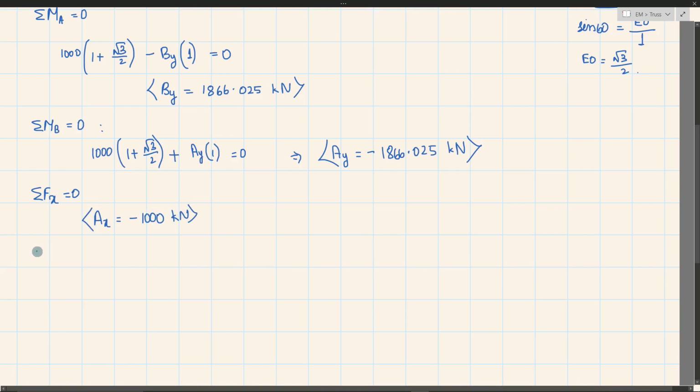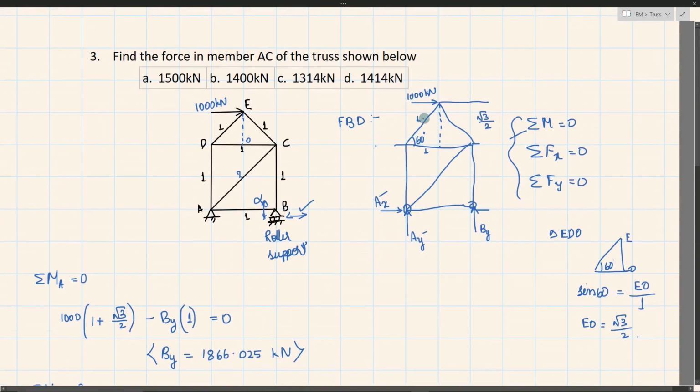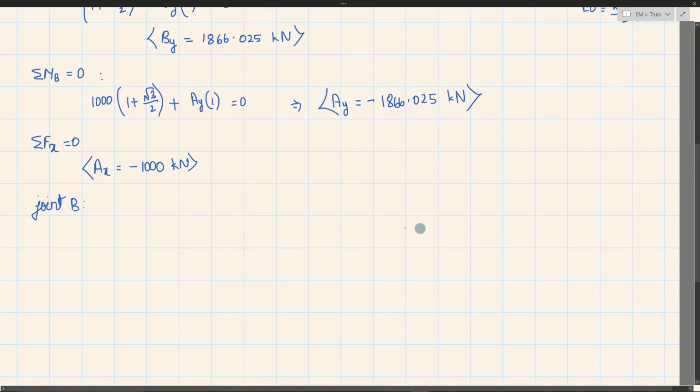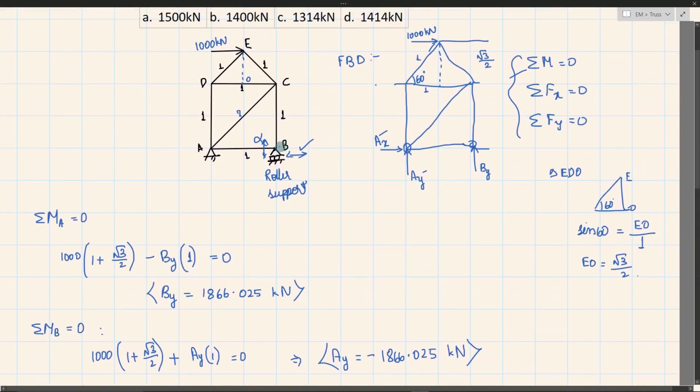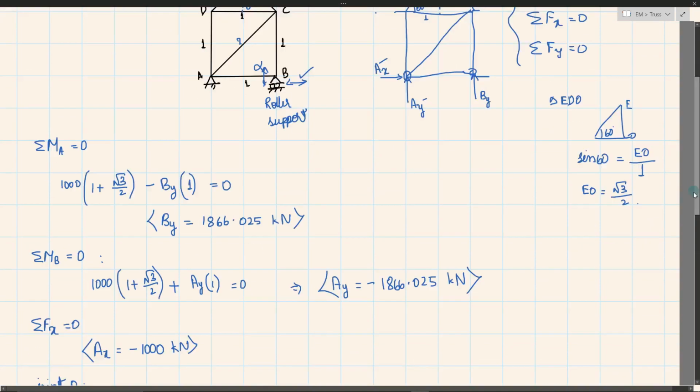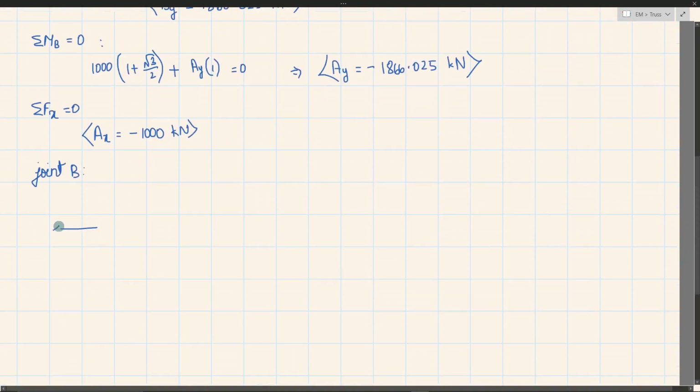Now I'll consider joint B, right? In joint B I have 1, 2 and 3 forces, so I can write the free body diagram with these 3 forces. This force is FAB, this force is FBC and this is BY, right?